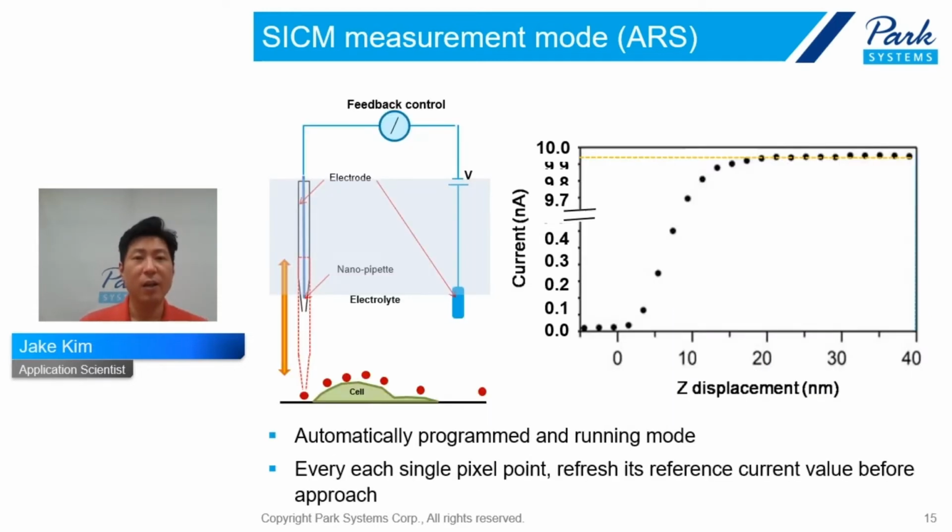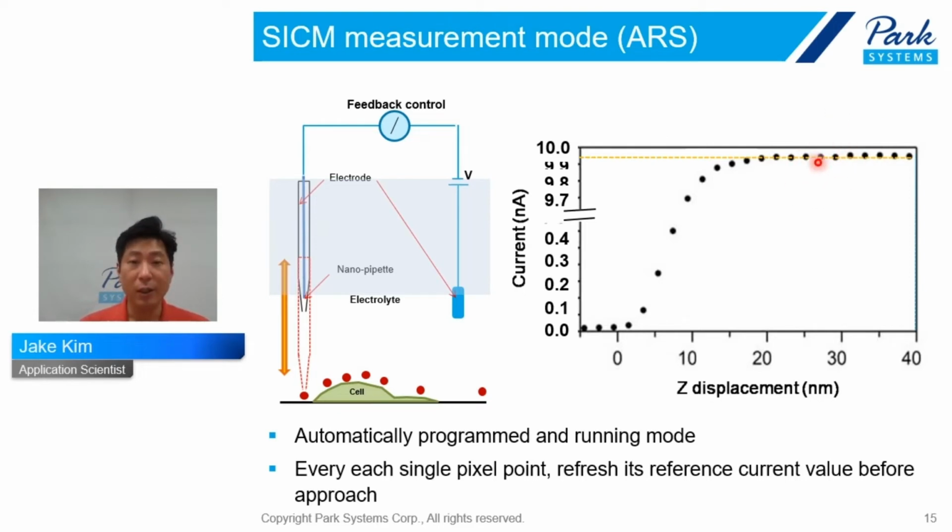Okay, let's take a look more deeply at ARS mode. Here in this position, the pipette and sample surface are very far from each other. And of course, in this area, there is no interaction between pipette and sample surface, and also no ion current change.